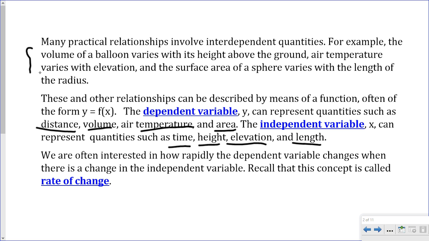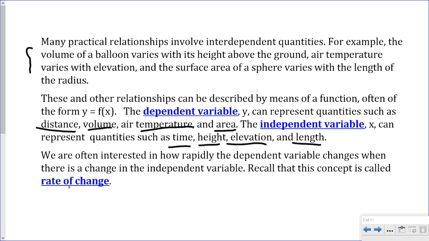So let's use real quickly time and distance. If I travel a distance over a certain time, and I speed up and increase that distance traveled over that short period of time, that's described as a rate of change, and we talk about calculating a rate of change. You guys started to do this back in grade 9 when you talked about slope, and that's really all that is.